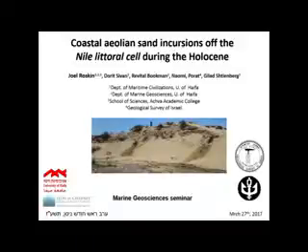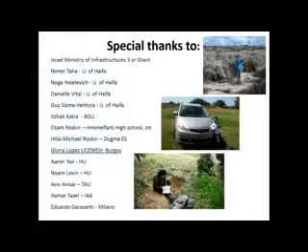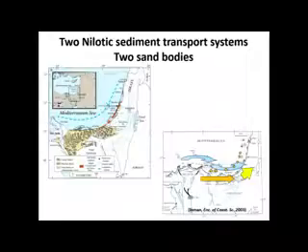So we're going to talk about how the coastal dunes and sand of the Israeli coast developed in the Holocene. And the source of the sand, as we know, is the Nile littoral cell, which should make things a bit easier. Not necessarily. So we're going to actually summarize here. Let's go to the acknowledgments first.